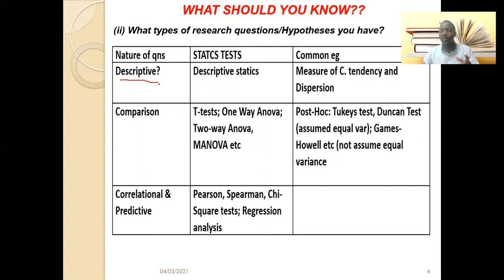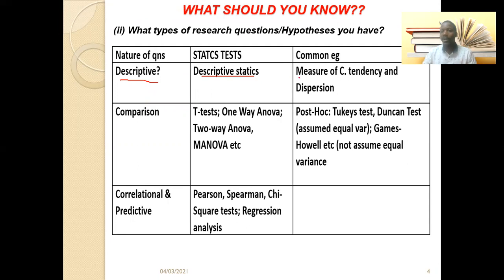Maybe you are doing a study where you want to see who reported higher than the other. Maybe you are looking at the men and the female. And you have ranked your data, maybe the strongest, the least, whatever, depending on the nature of the question. And you don't want to come up with other information, you just want to see which has contributed more than the other. You can go for what we call descriptive statistics.